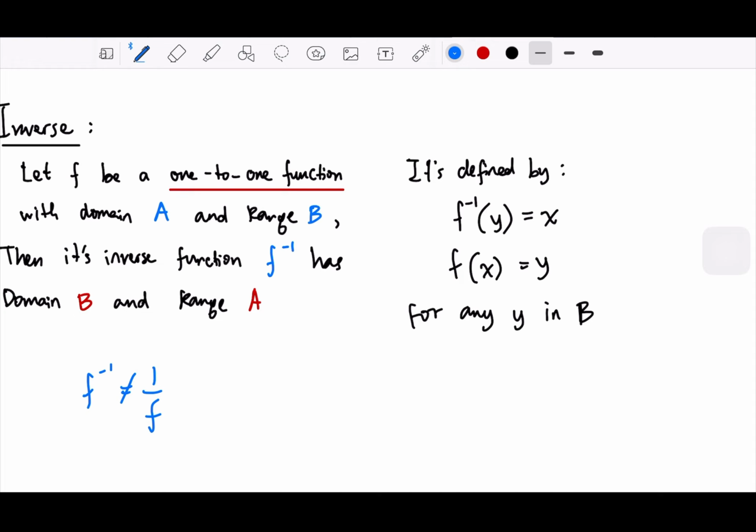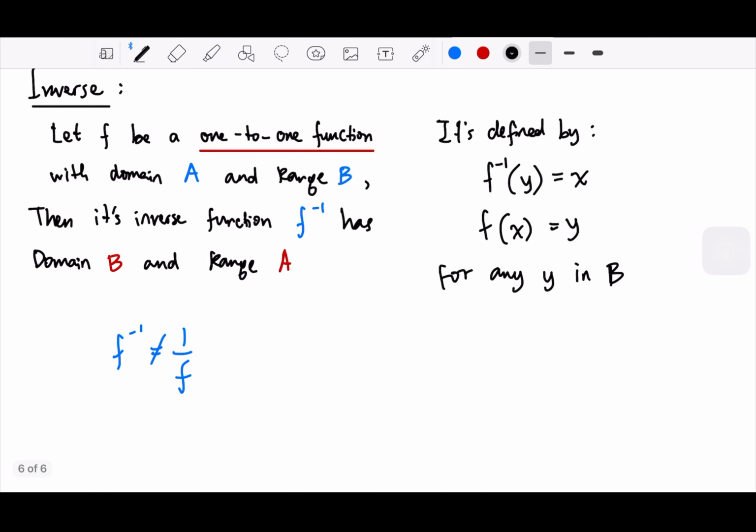Just a little description. For example, if you have f of x equals x cubed, what is the f inverse?